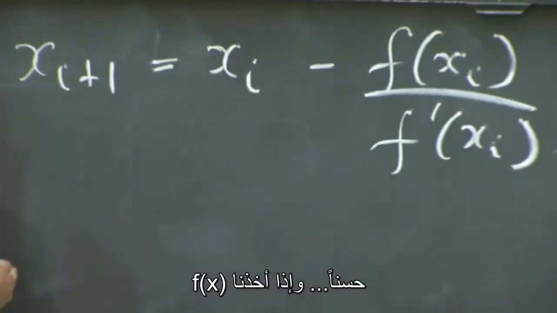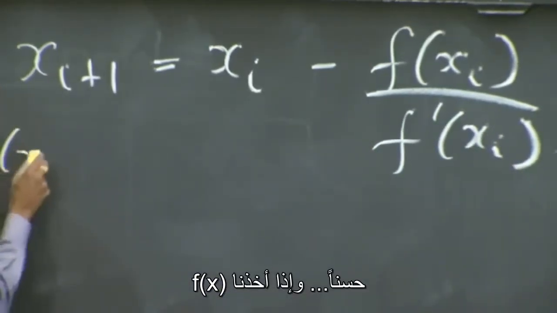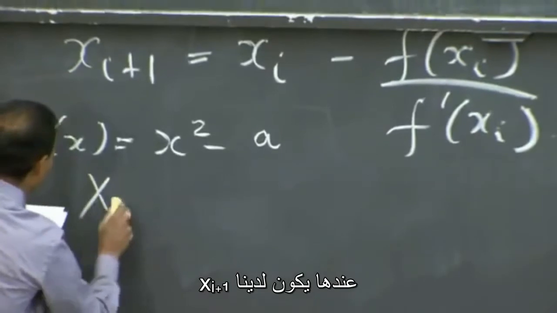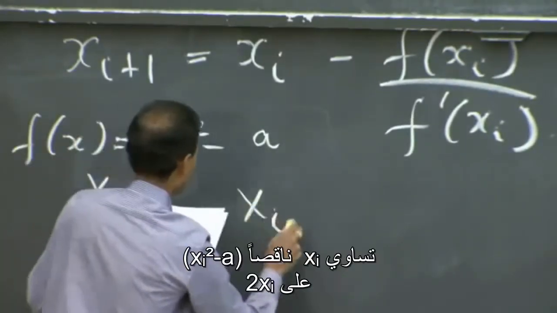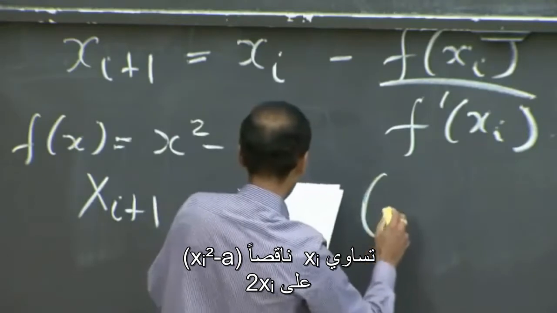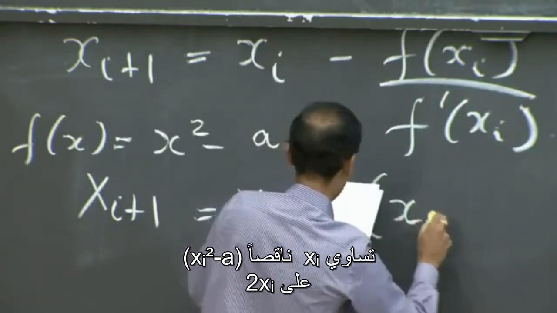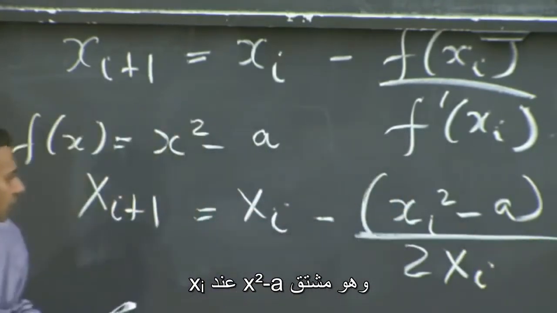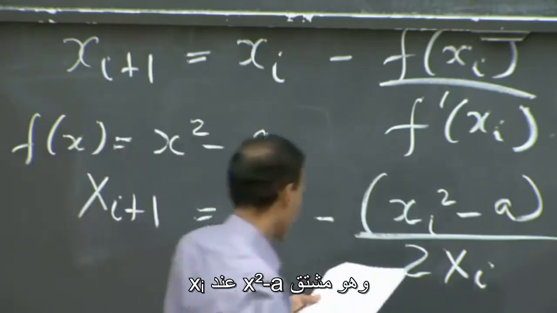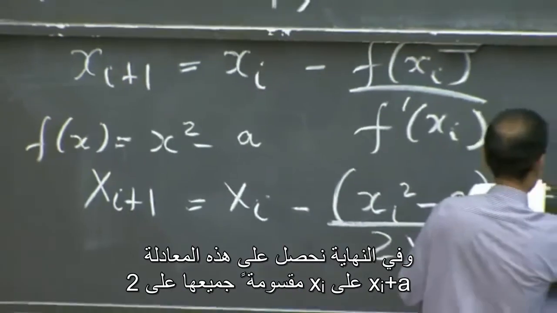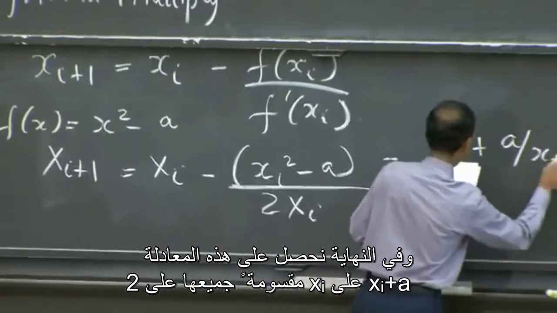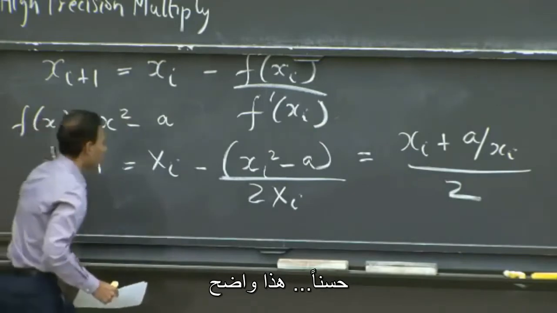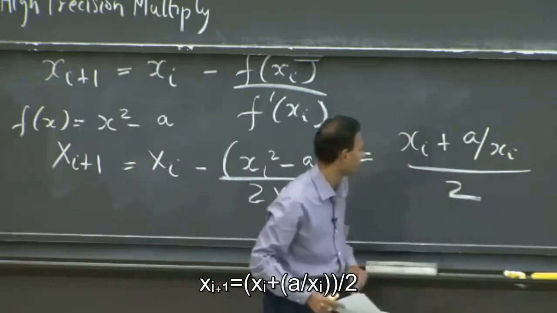If you take f of x equals x squared minus a, then you have xi plus 1 equals xi minus (xi squared minus a) divided by 2xi, which is the derivative of x squared minus a evaluated at xi. And finally, you get this equation: xi plus 1 equals (xi plus a divided by xi) divided by 2. Okay? So it's fairly straightforward.